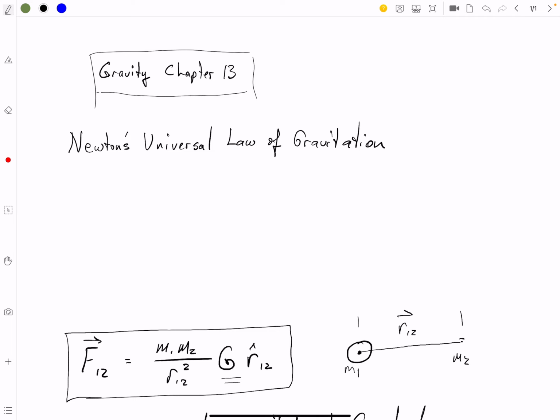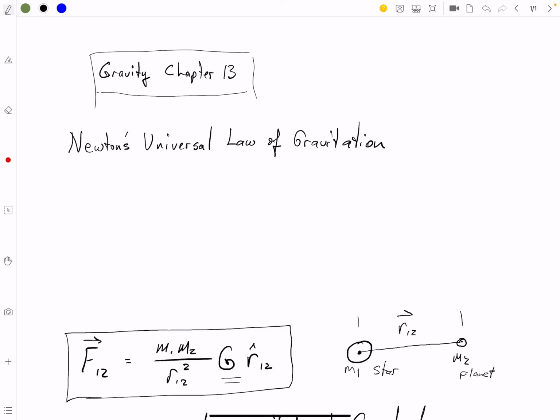The force of 1, 2. All right, so here's our mass 1 and our mass 2. So this could be a star, and this could be a planet, right? But it could be anything. Two different masses, doesn't matter.